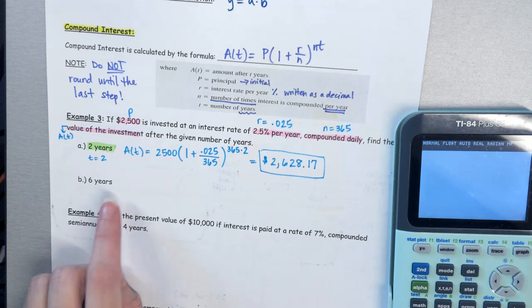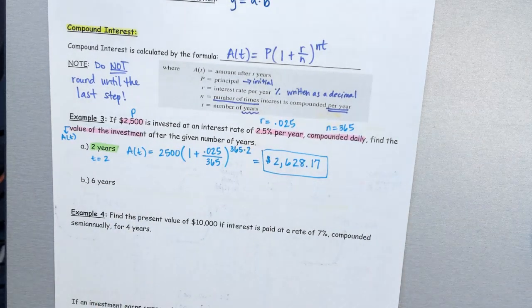All right, and then I want you to try part B. And we'll try plugging all that in at one time and see if we can get that to work.